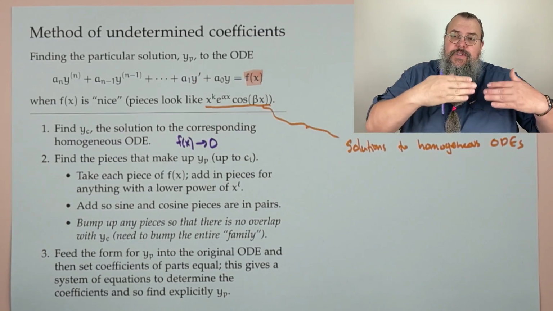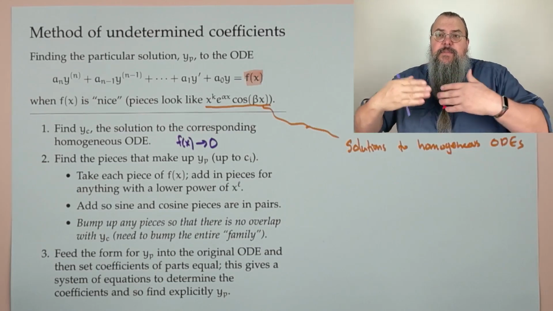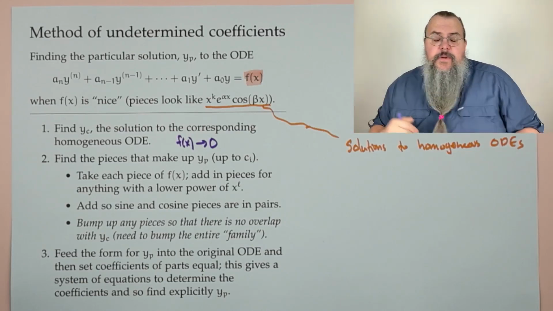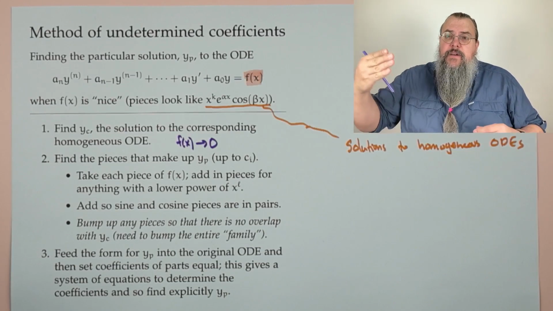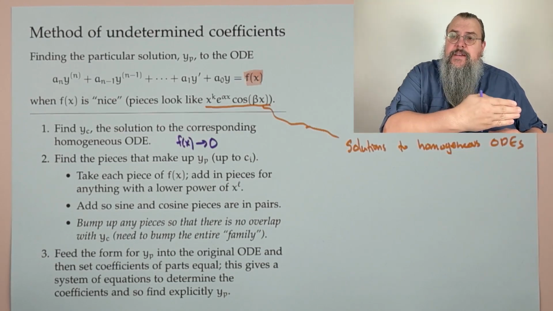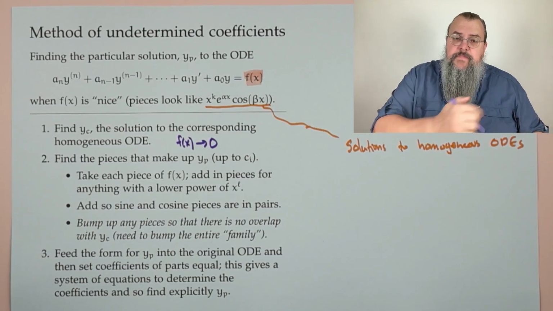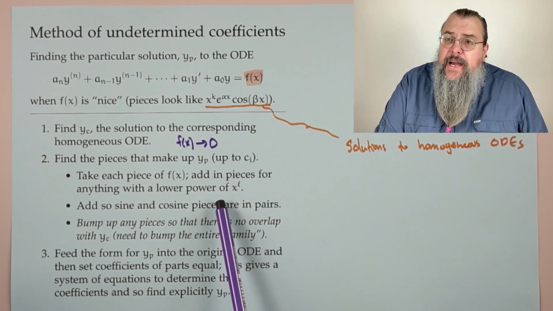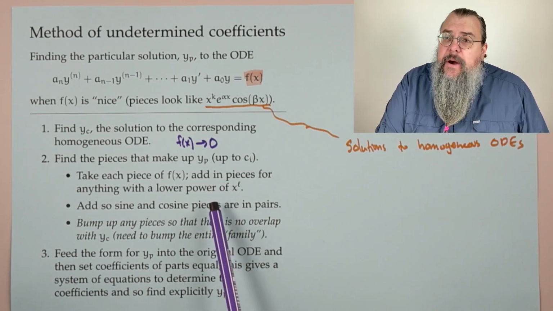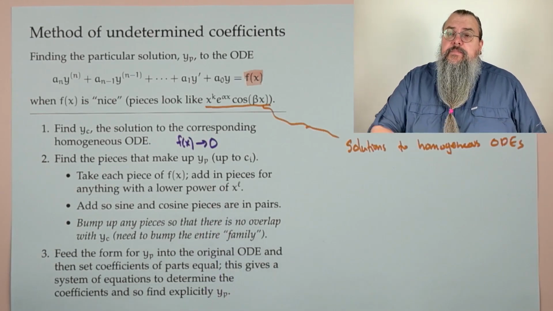Originally it was just something, and then something times x plus something times x squared, x cubed, and so forth. So if I have a power of x, I have to go all the way back until there's no power of x. So add in all the lower powers of x as needed.